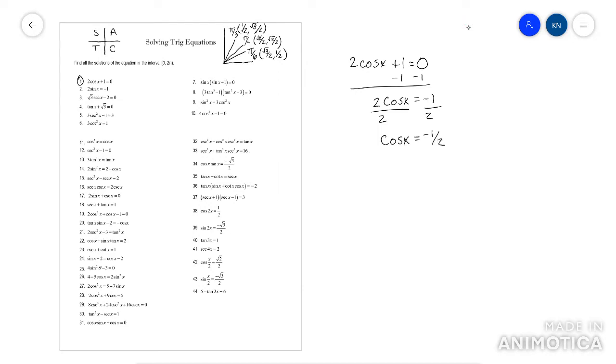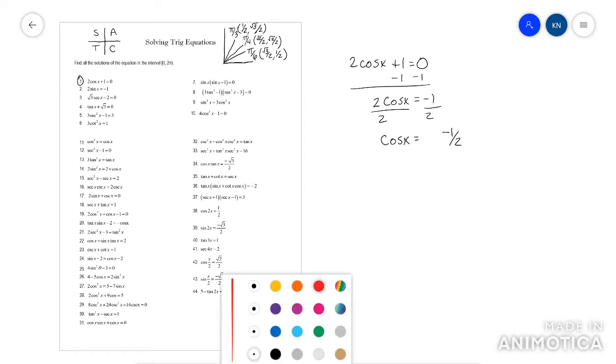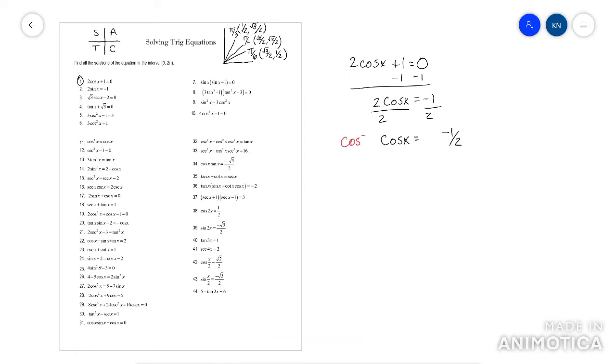When this happens, you have to inverse cosine. You're going to have to cancel this cosine with inverse cosine. Which means you're really thinking, where does cosine have, first of all, a negative value, which would be quadrants 2 and 3, and what the reference angle is that throws 1/2 for the cosine, which would be pi over 3.